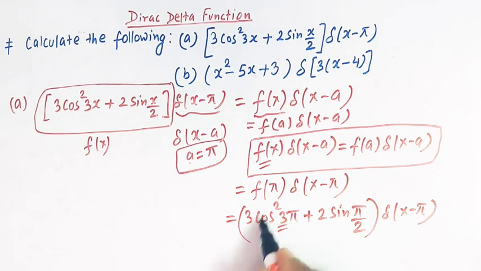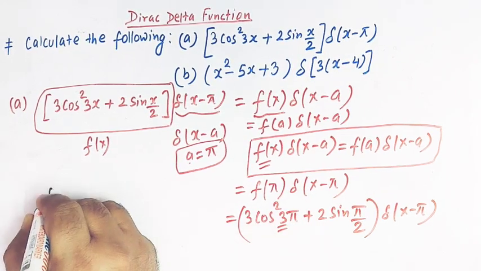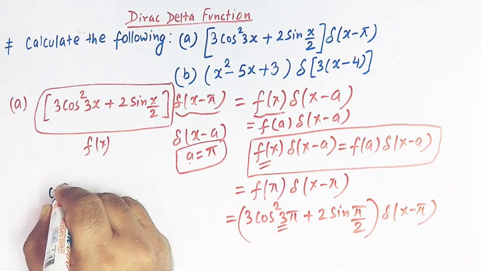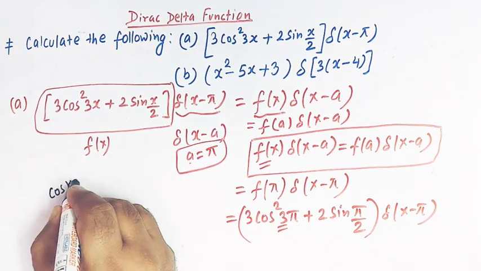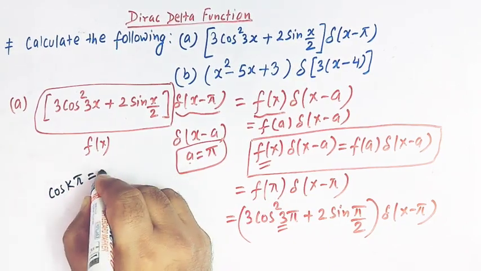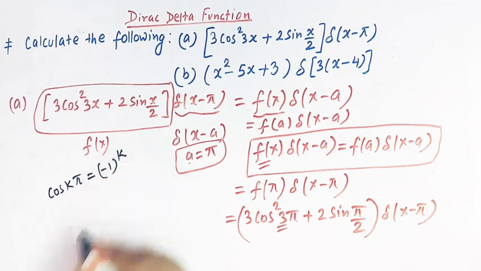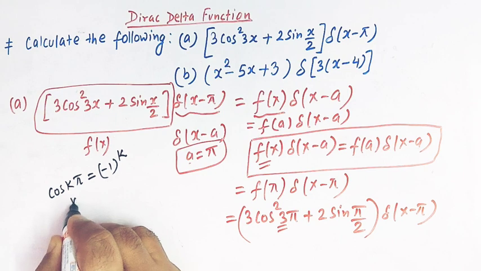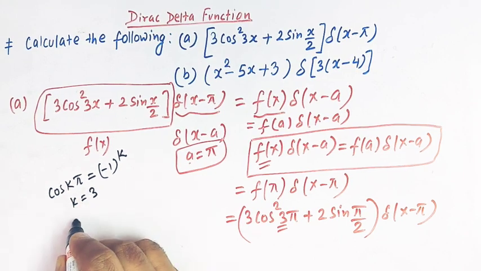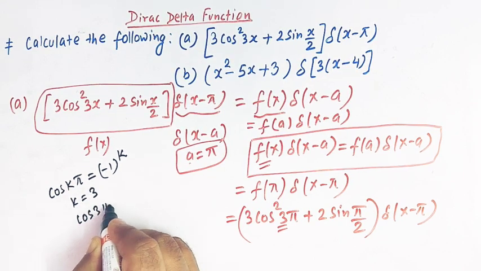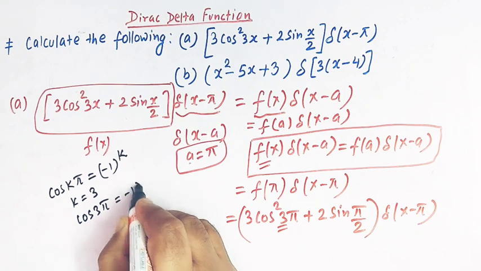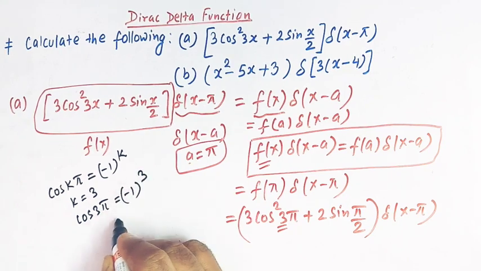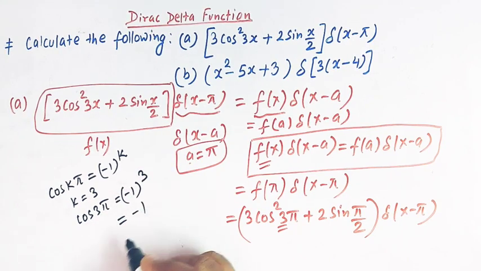Now the value of cos 3 pi can be calculated by this relation from trigonometry, that is cos of k pi is equal to minus 1 raised to k, where k is some integer. Here the value of k is 3, so cos of 3 pi is equal to minus 1 raised to 3, that is equal to minus 1.